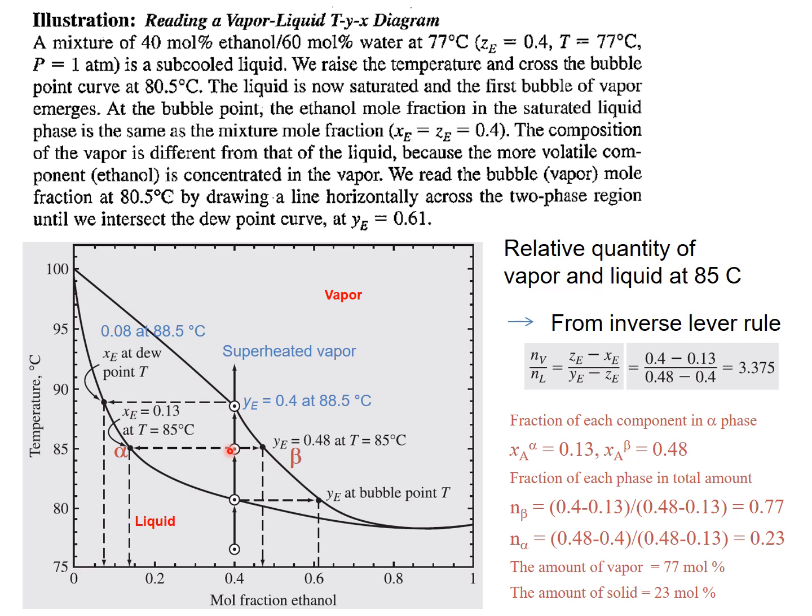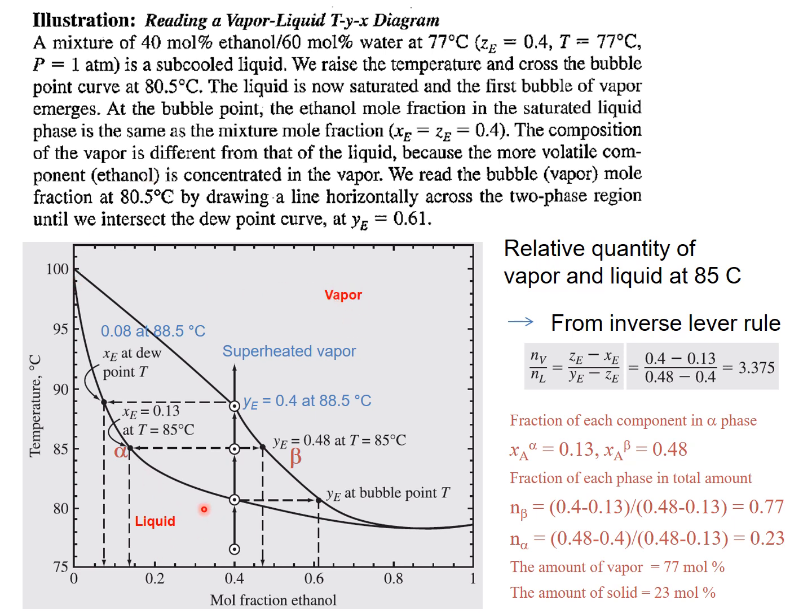So let's do it. What is this curve? Bubble point curve. Also, this line is for the liquid. And this line is the dew point curve for vapor.